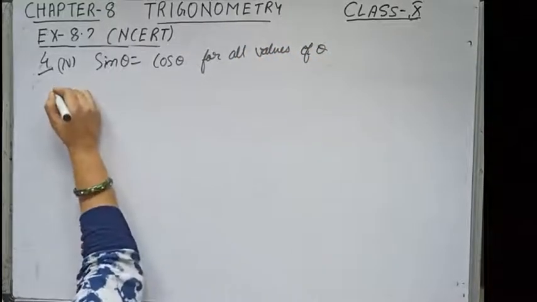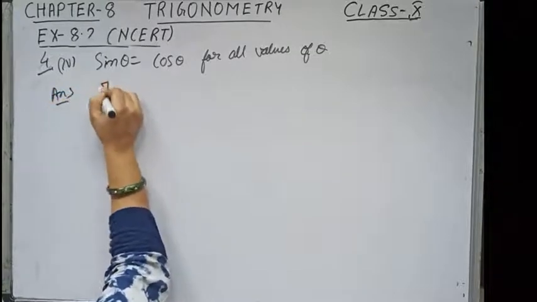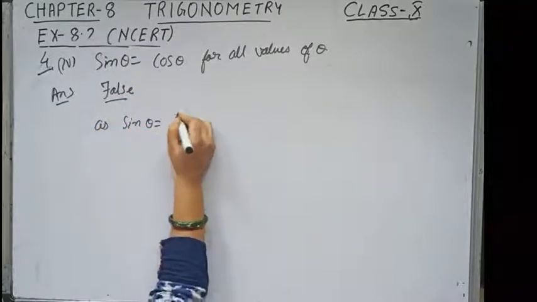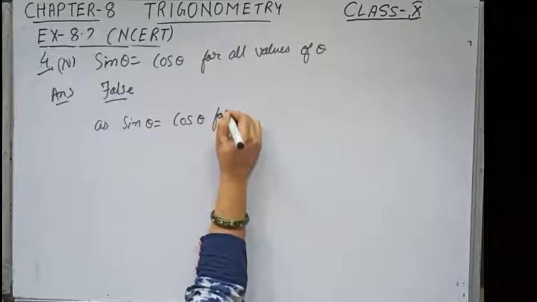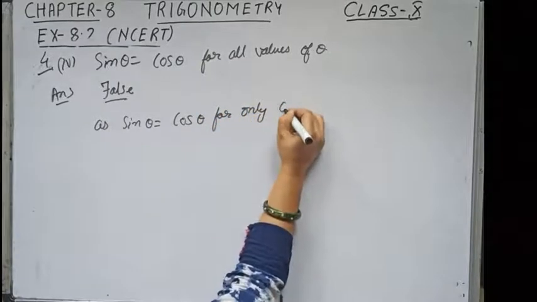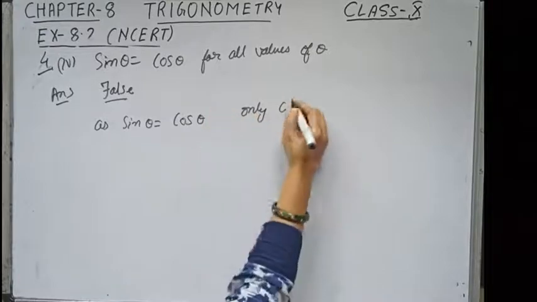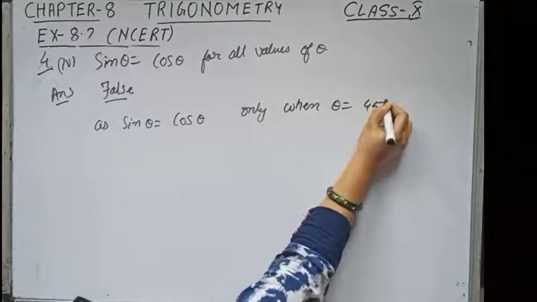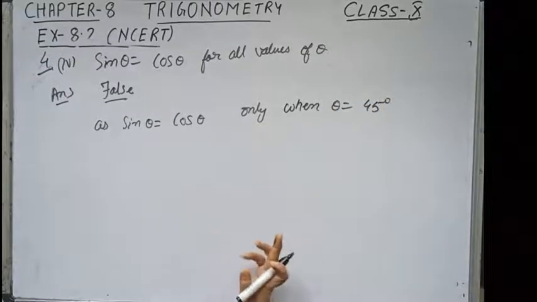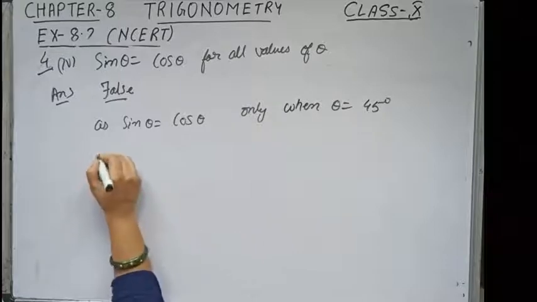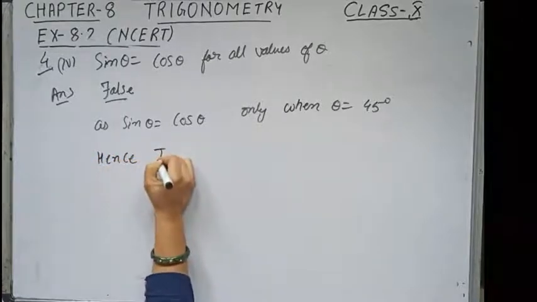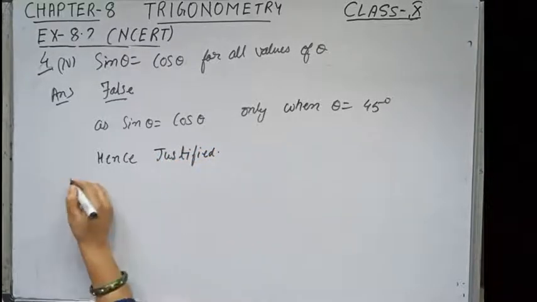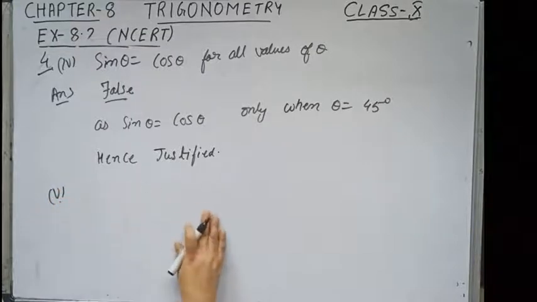So obviously children, it is false, as sin theta equals cos theta only when theta equals 45 degree. Cos 45 and sin 45 is 1 by root 2. Hence justified.